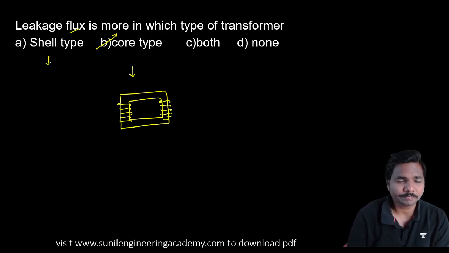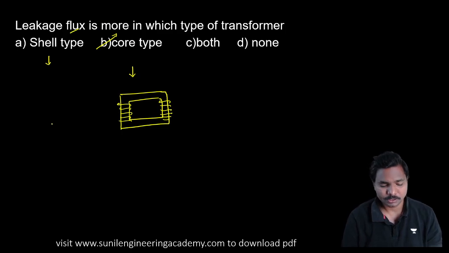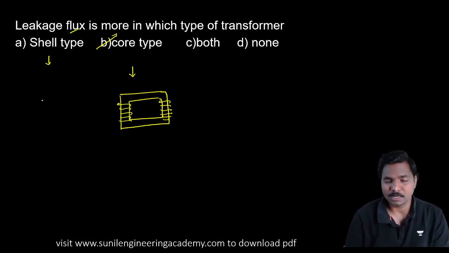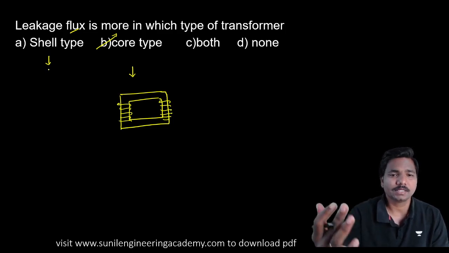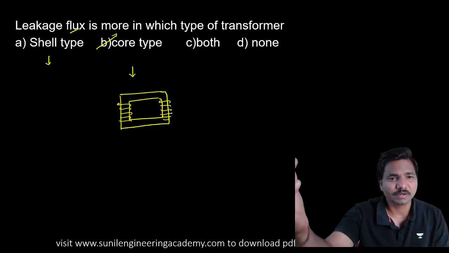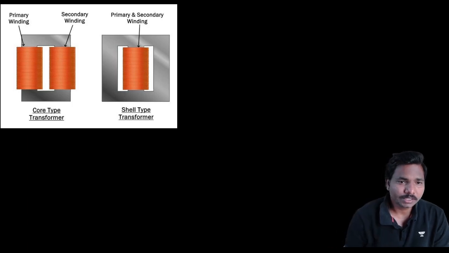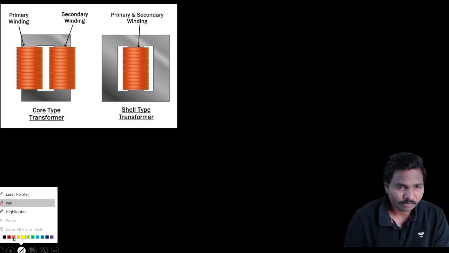Coming to the shell type, it has one winding upon another, that is LV, HV, HV, LV, like that. In this diagram you can understand it very well.